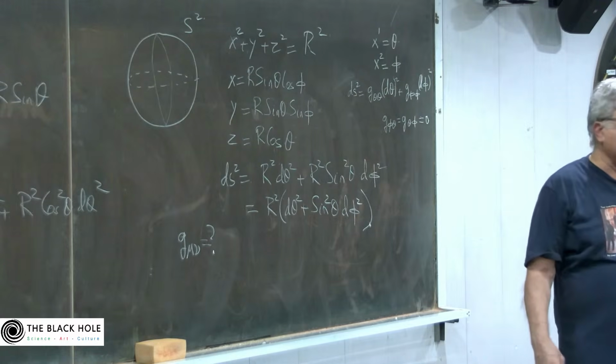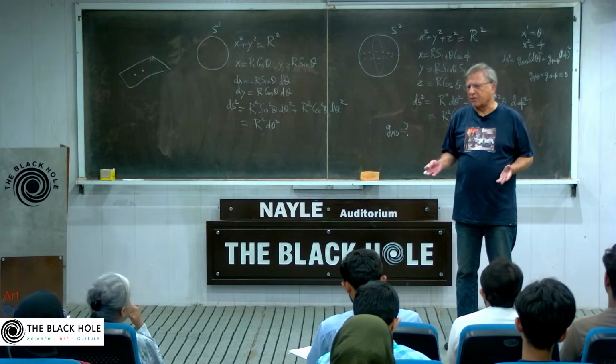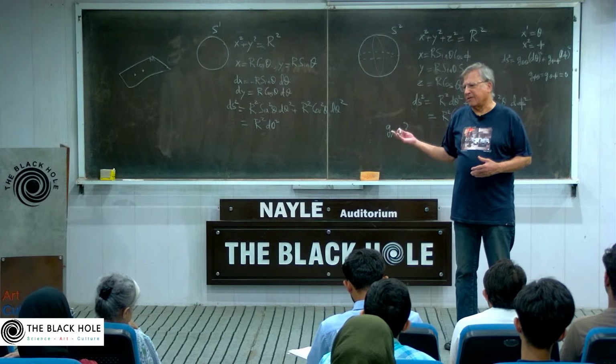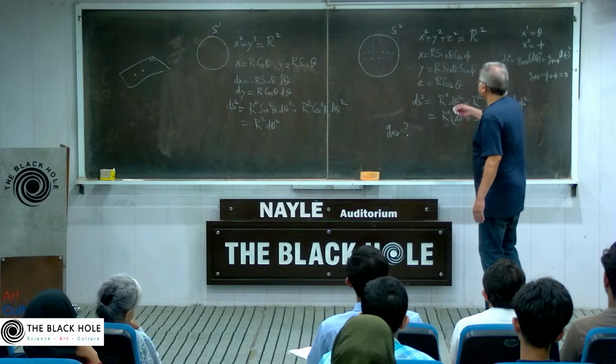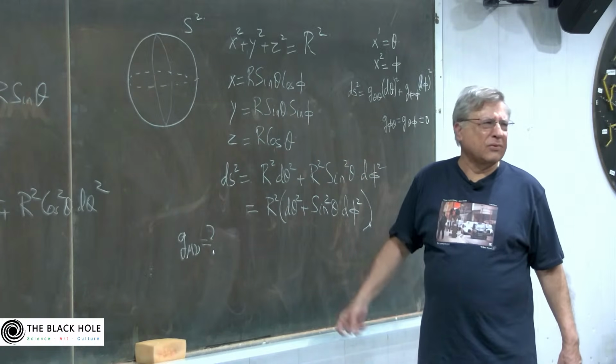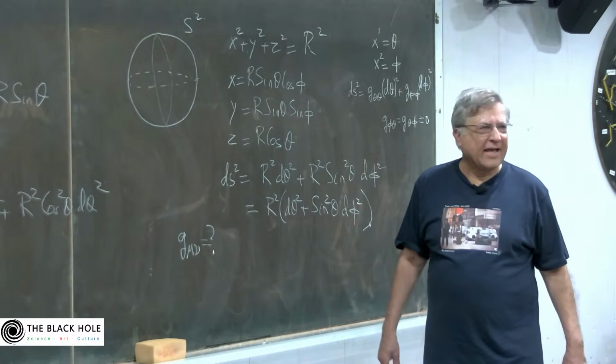So there are 4 numbers, g mu nu, but mu stands for theta or phi. And there are no cross terms because they cancelled out. Can you see roughly why they cancel out?